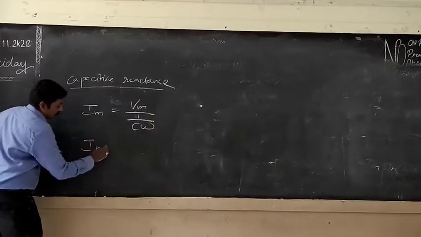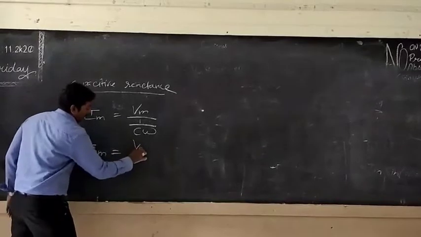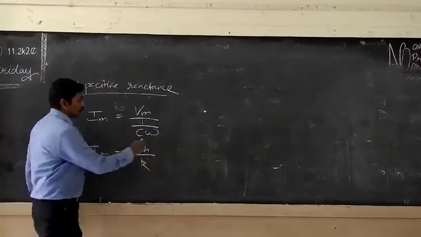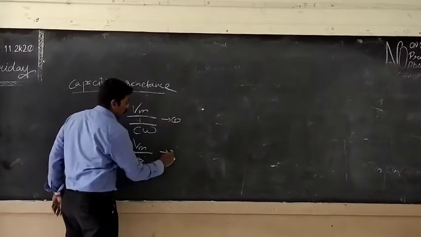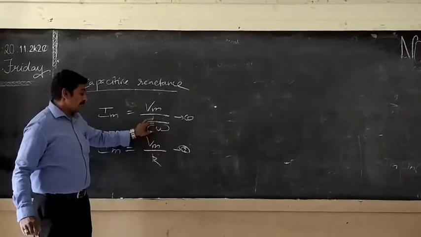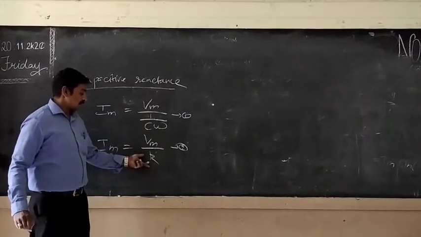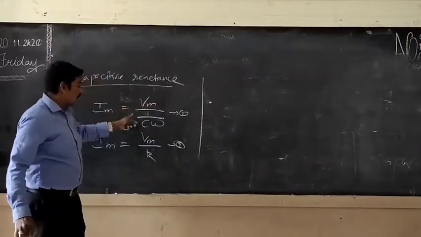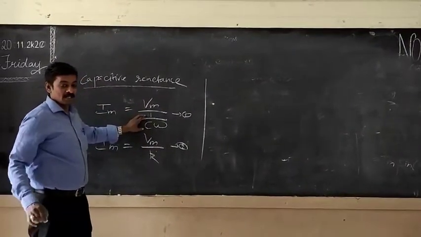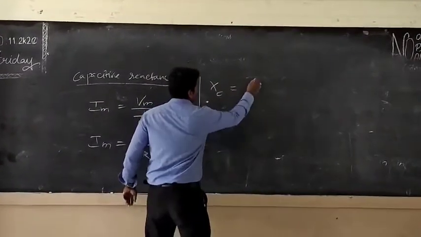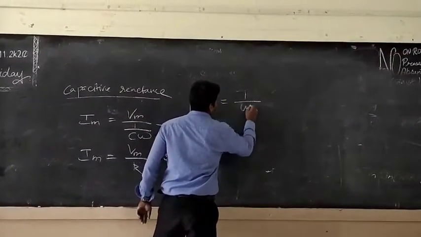The same as for the resistor, it will be Vm by R. Compare these two, derivative 1 and 2. That 1 by C omega plays the same role as the resistor. So the resistance offered by the capacitor is called capacitive reactance. That is, Xc is equal to 1 by omega C.